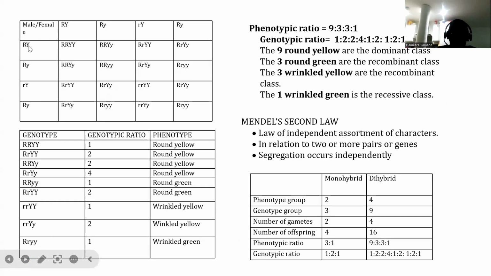Capital R, capital Y. I hope you still remember what we have at the back. Capital R capital Y, capital R small r, capital Y, capital R small y.